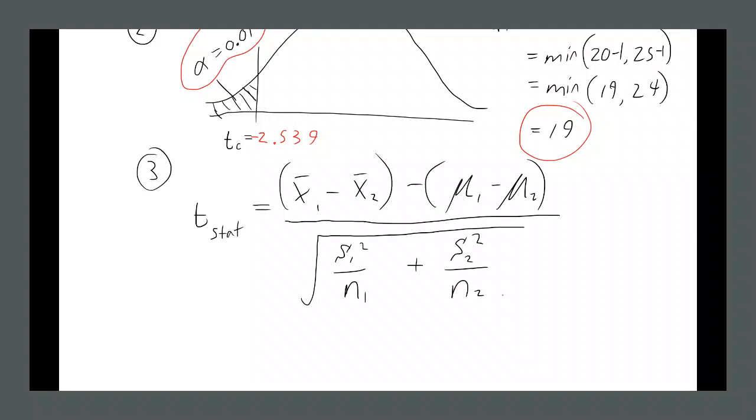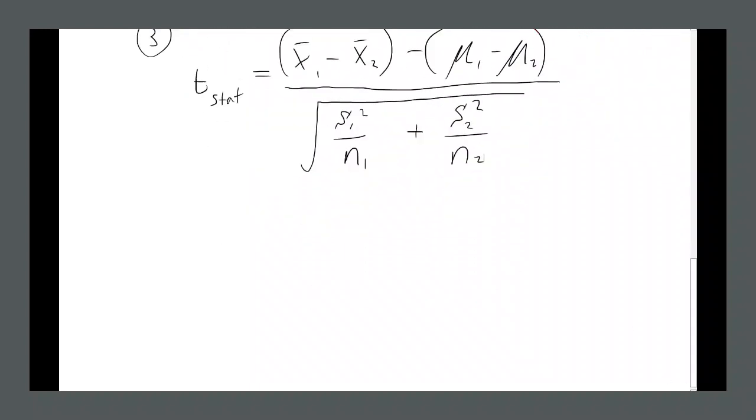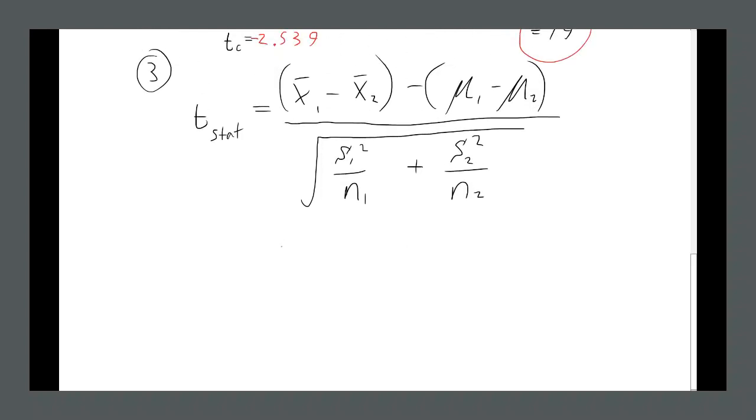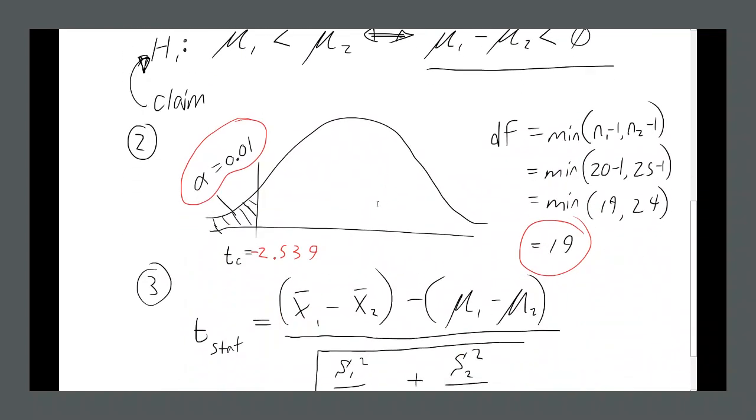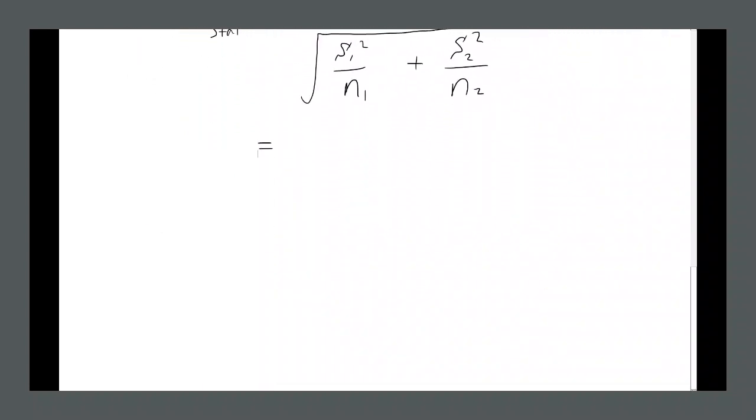Depending on what course you're taking, you might have to look at certain assumptions made about the population standard deviations about the two groups in order to determine what the test statistic is. But if you're taking a course where this is always the test statistic used, well then this is always the test statistic used for two independent samples. So then we just plug in the numbers. So x bar 1 was 245 and x bar 2 was 250. So we have 245 minus 250.